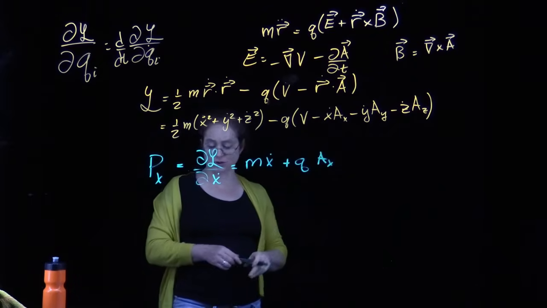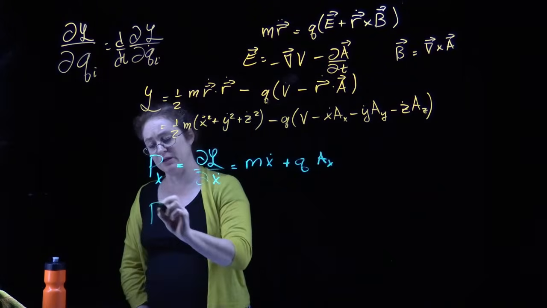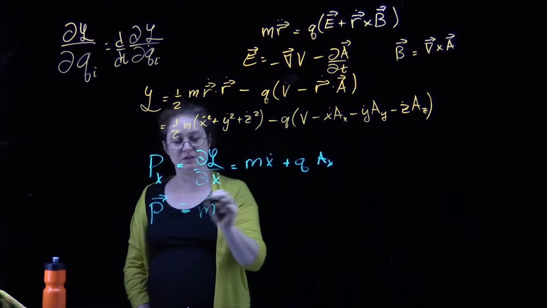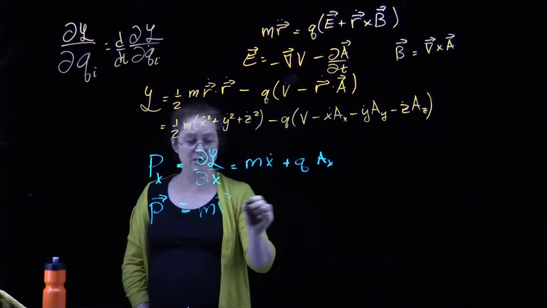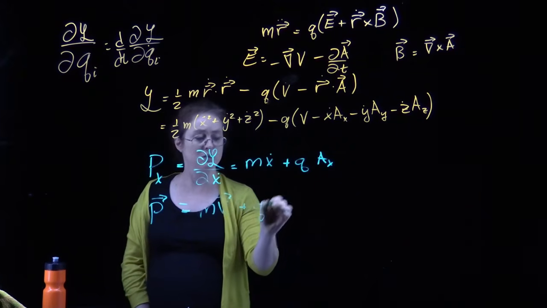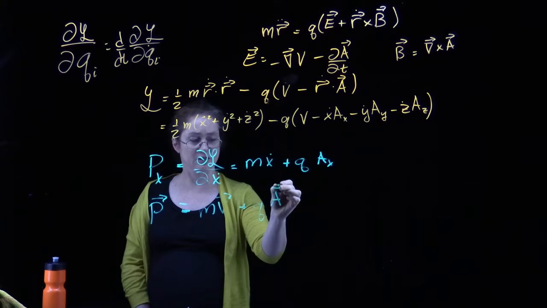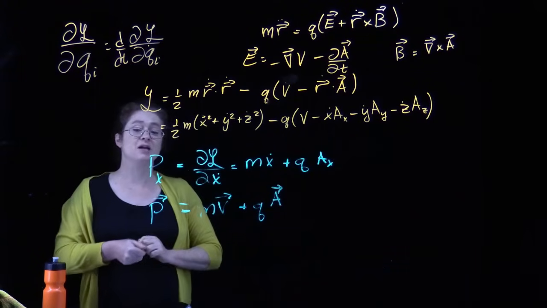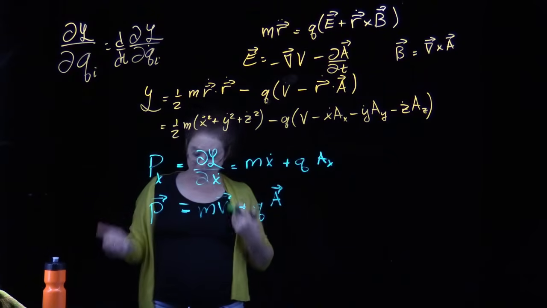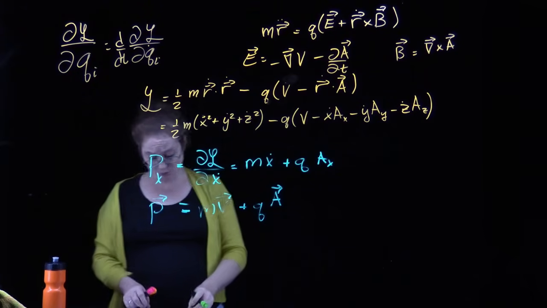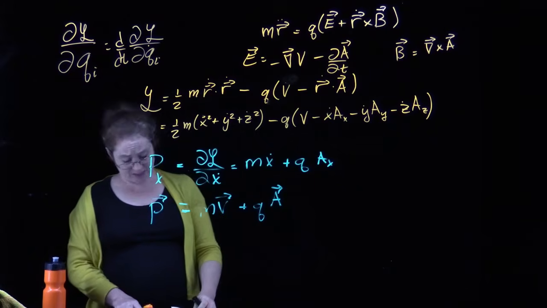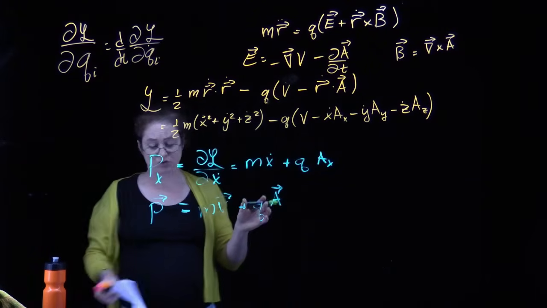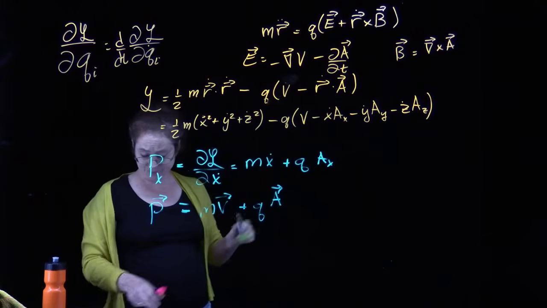So you have an extra term in the momentum, and we can look at the other directions, and our momentum is then mv plus q times this vector potential. And if we are willing to accept that as a consequence, then we can get the Lagrangian framework to work for electricity and magnetism. And this approach is extremely important for quantum mechanical descriptions of electricity and magnetism.